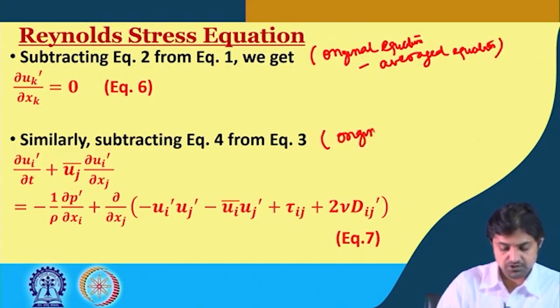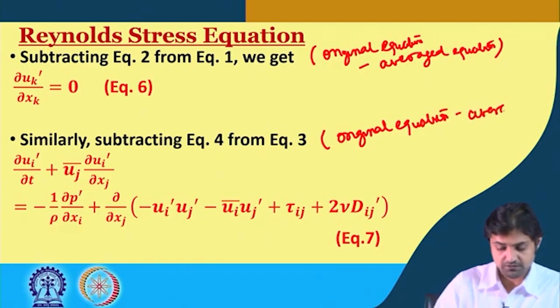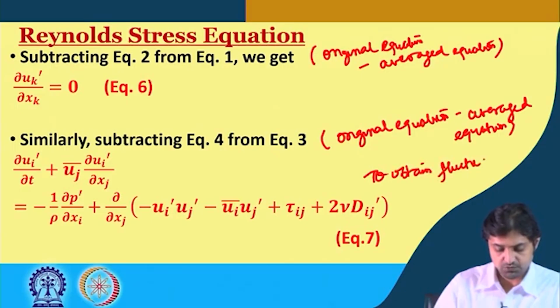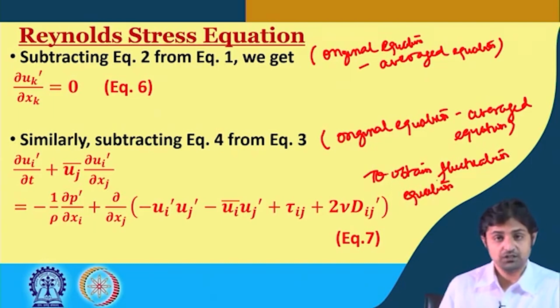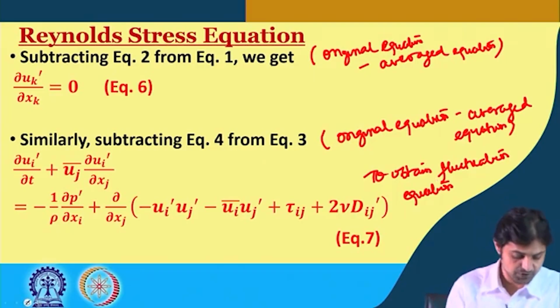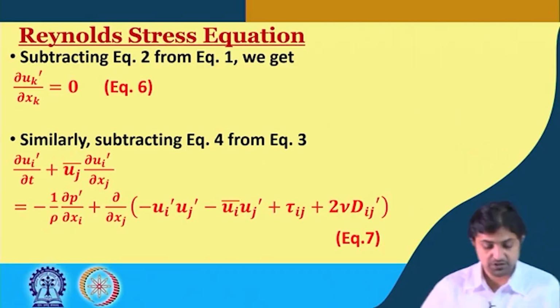Same is here, original equation minus averaged equation. And why do we do this? To obtain fluctuation equations. So with that, this is how we obtain the equations with fluctuation terms in terms of differential equations.